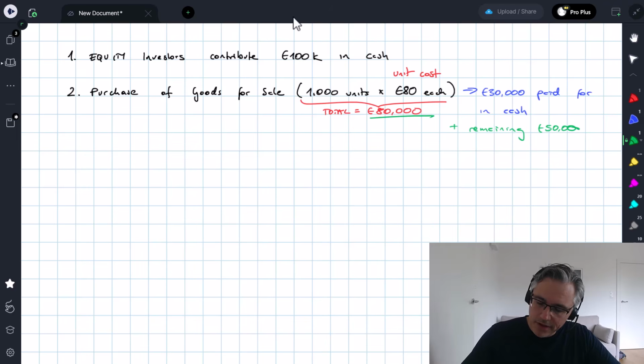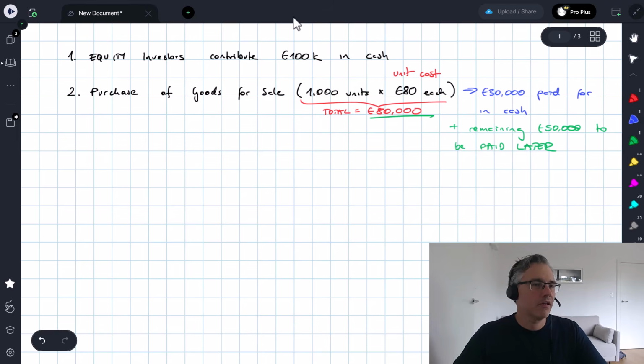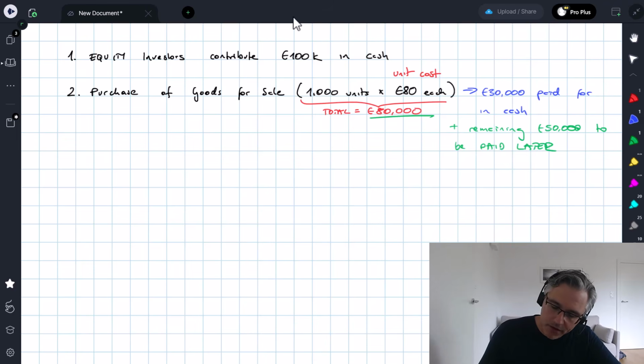Because it's a total of 80, we already paid 30,000 in cash, but the remaining 50,000 is to be paid later. Very simple. You pay a bit in cash and you promise to pay the rest later. And of course the supplier, I guess, has agreed to that as well.